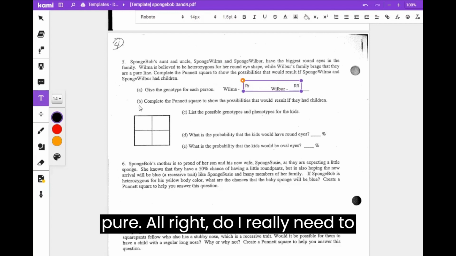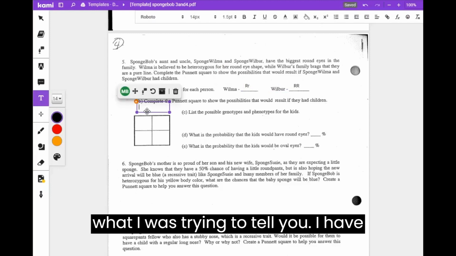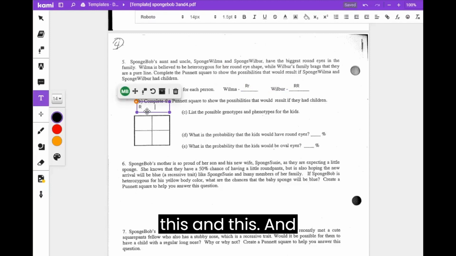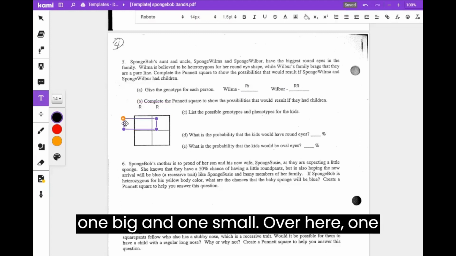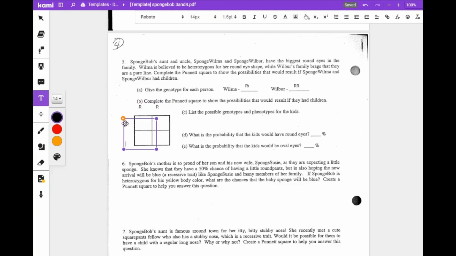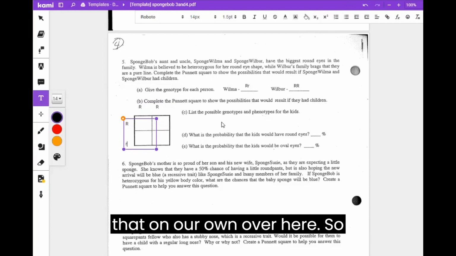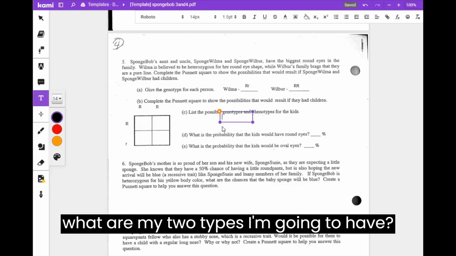Pure. All right, do I really need to complete the Punnett square? And that's what I was trying to tell you. If I have this and this, and one big and one small over here, one big and one small, let's see if we can do that on our own over here. So what are my two types I'm going to have?